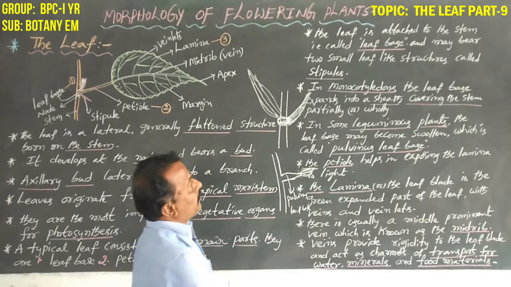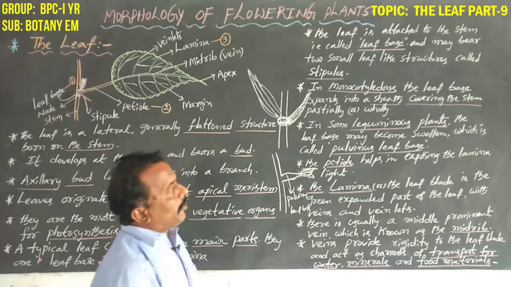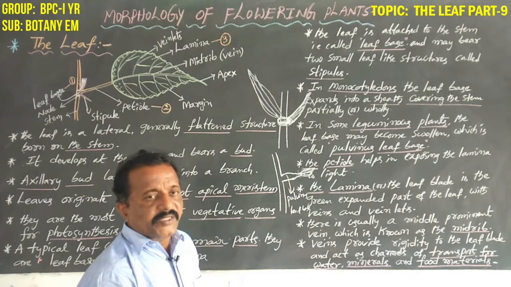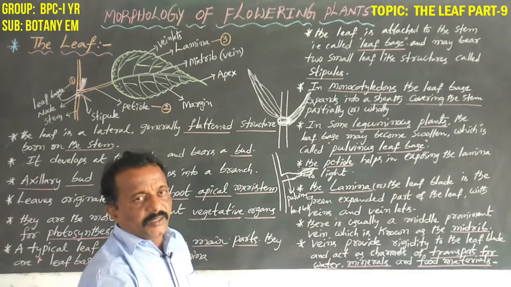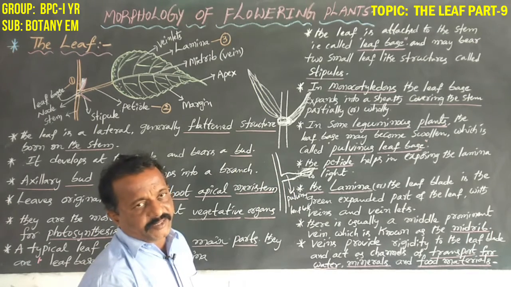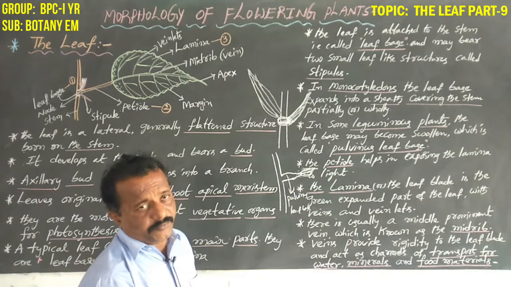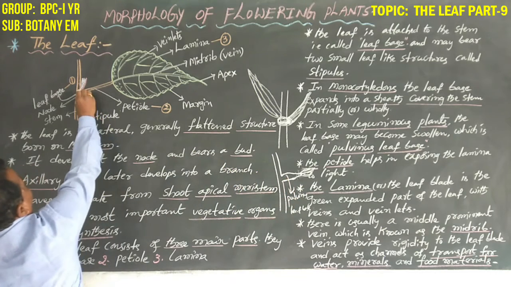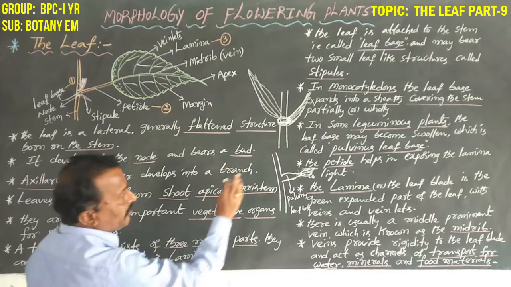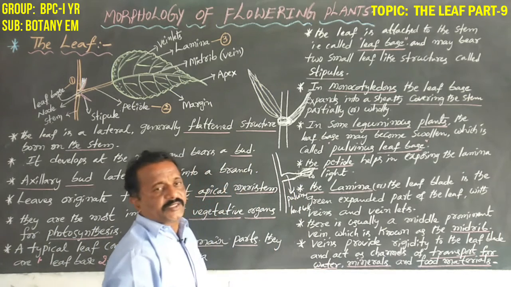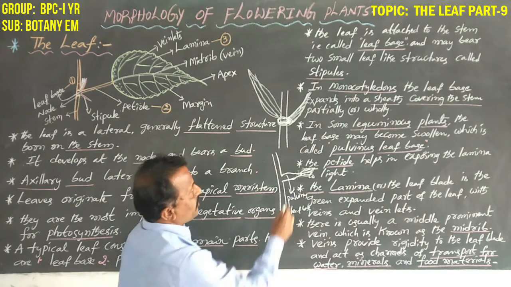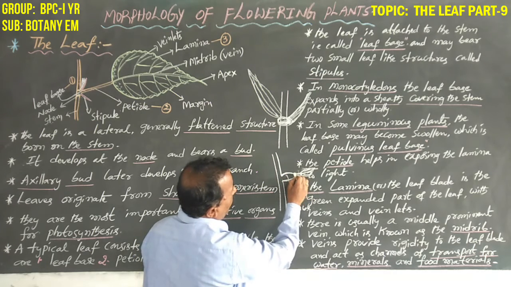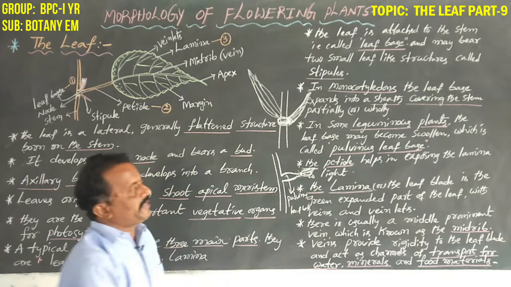And in some dicotyledon plants such as leguminous plants or Fabaceae family members, including nut plants, gram plants, bean plants, especially Mimosa pudica, the leaf base may become swollen, which is called the pulvinous leaf base.